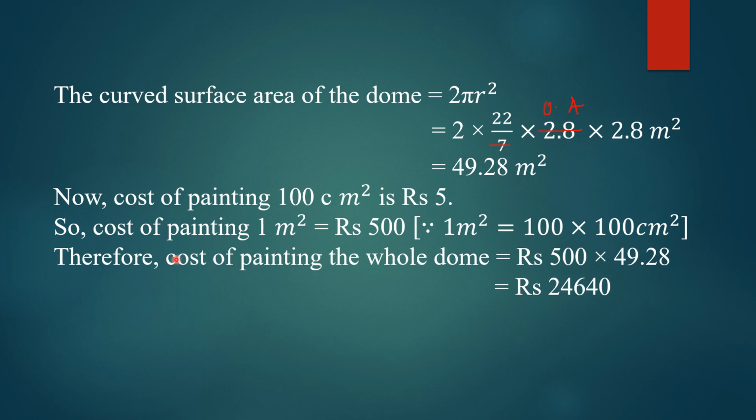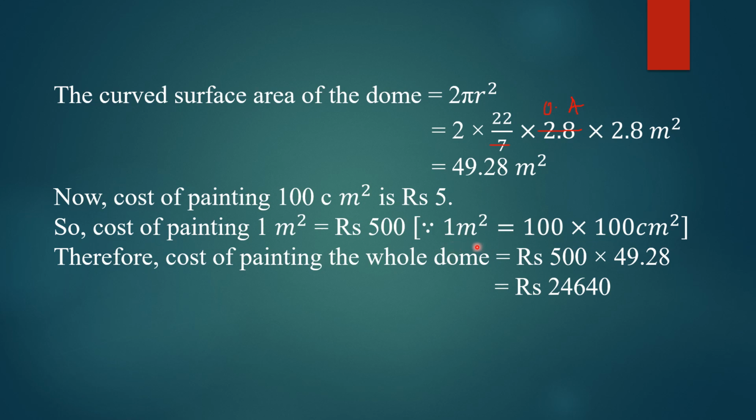Now come to the cost of painting. 100 centimeters square is equal to 5 rupees. It is given in the question itself. Cost of painting per 100 centimeters square is 5 rupees. Now cost of painting for 1 meter square is equal to 500 rupees, because 1 meter square is equal to 100 into 100 centimeter square.